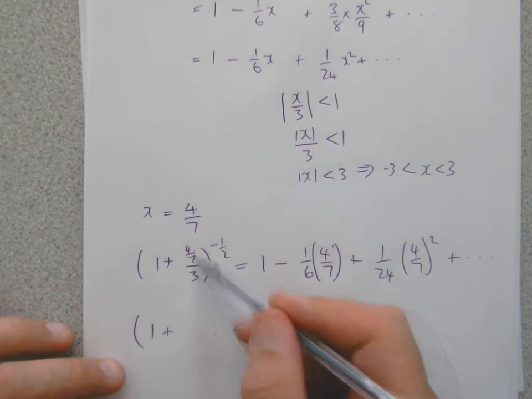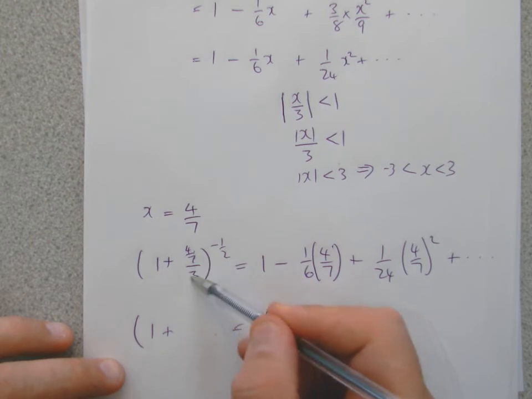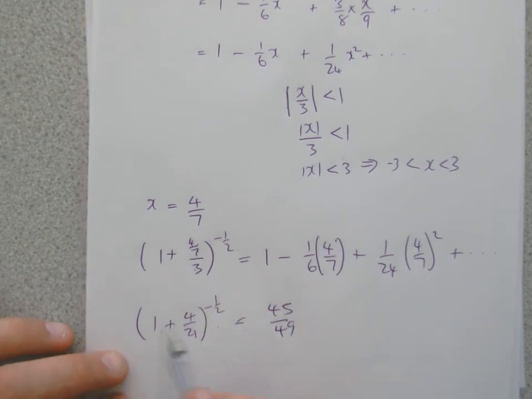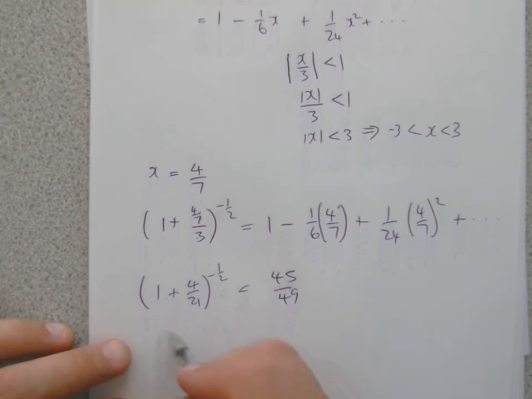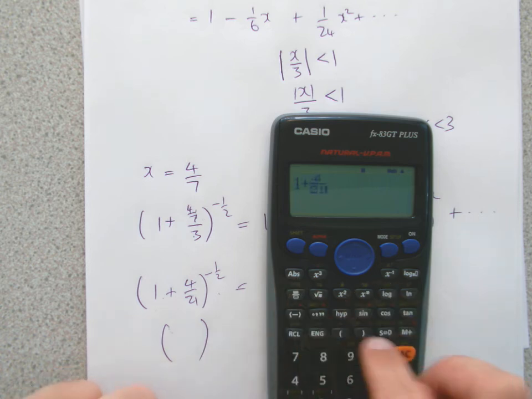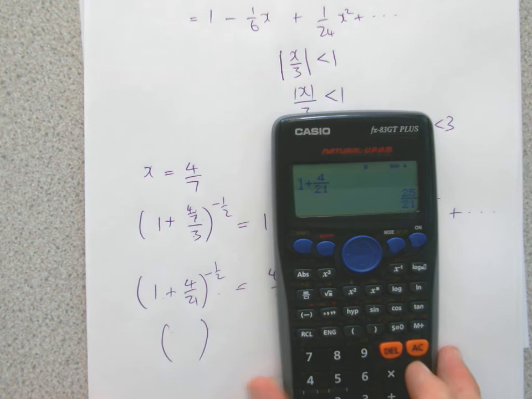You can do that on your calculator if you want, or you could just take the 7 down and times, you get 21. But check it on your calculator. Then you've got 1 plus 4 over 21, and you get 25 over 21.